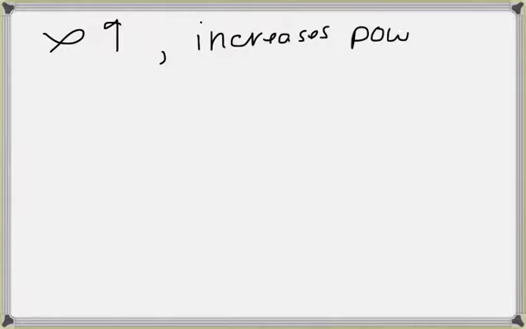If alpha increases, and alpha is the probability of a type 1 error, what that does is increase our power, okay? That increases our power.